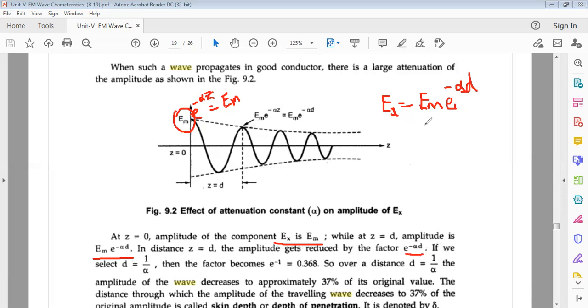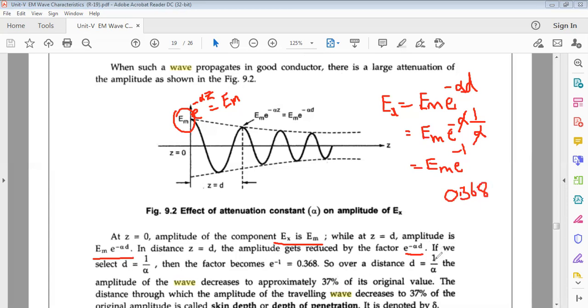Now if I assume d in terms of alpha, that is d equal to 1 by alpha, alpha gets cancelled, and we get Em into e power minus 1. Then the factor becomes e power minus 1, the value is 0.368.